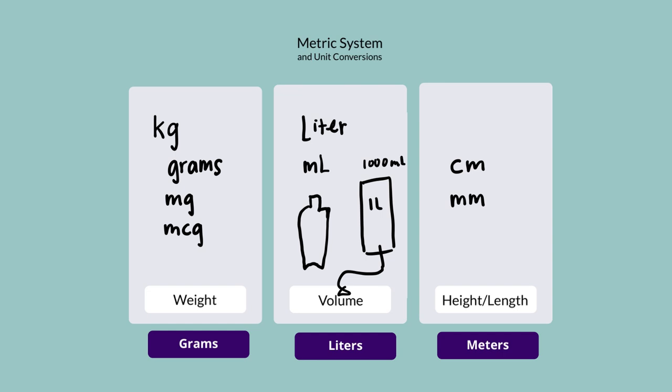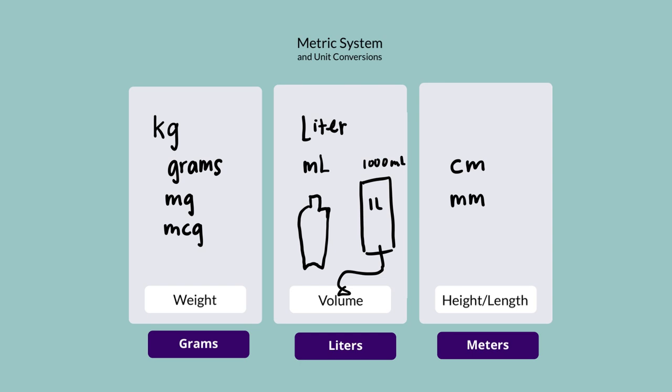So typically when we're talking about the length or the width or the depth of something, we're going to use this centimeter, millimeter language. Now, unit conversions for dosage calculations are going to be focused on those milligrams to milliliters usually, or milligrams to tablets. So we'll do an example with that.